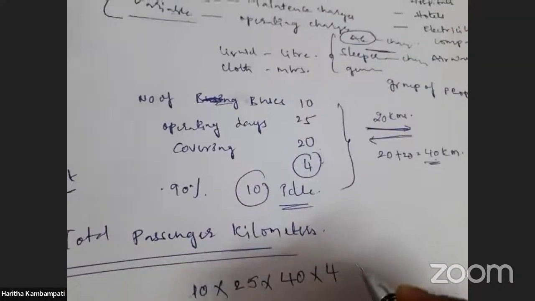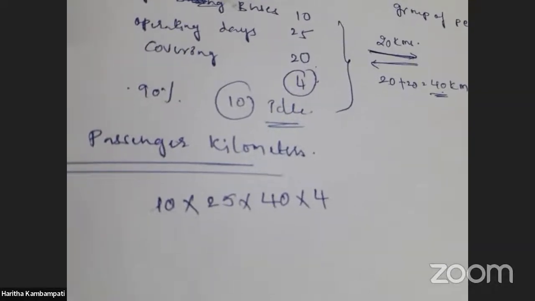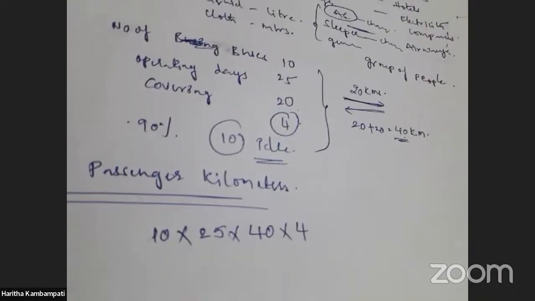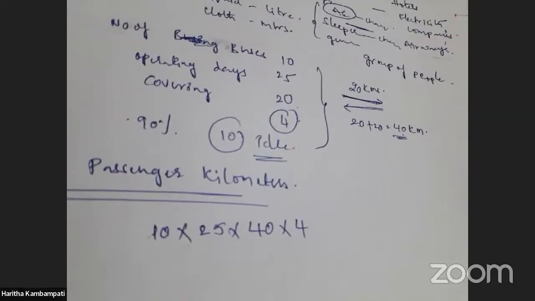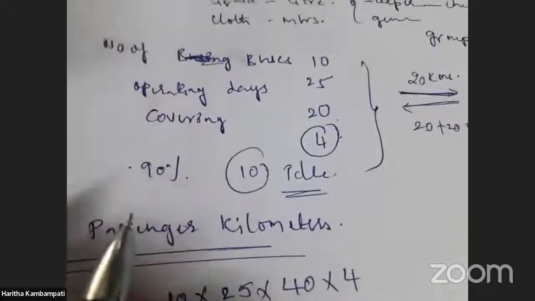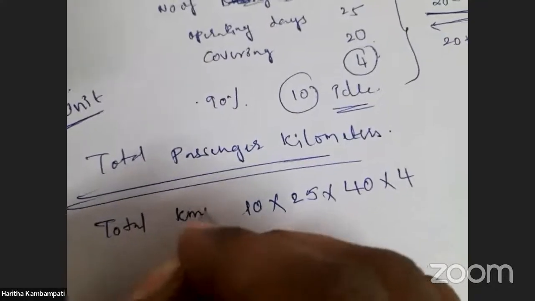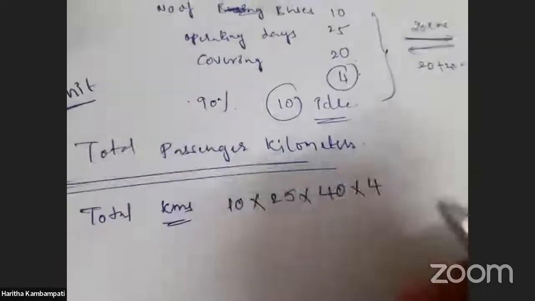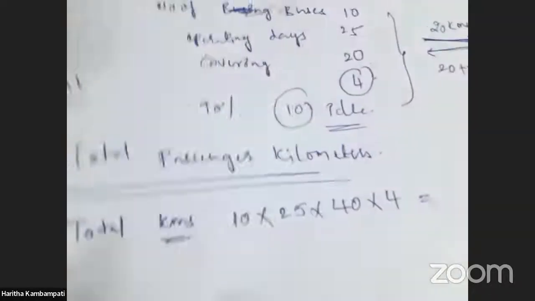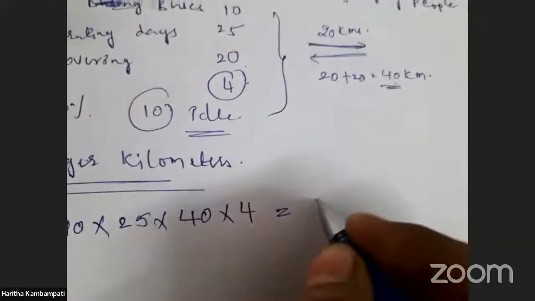Likewise, they are running 4 round trips. This is for total kilometers. If you multiply this, you will get 40,000 kilometers.